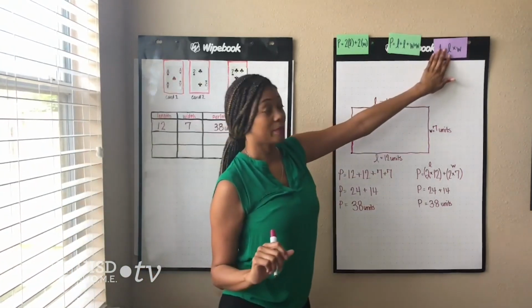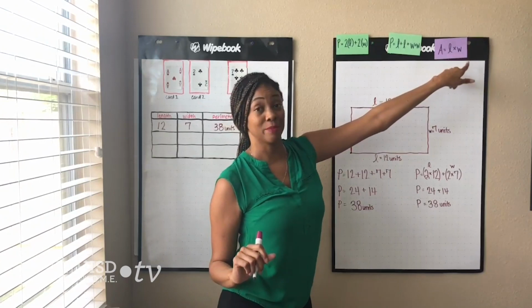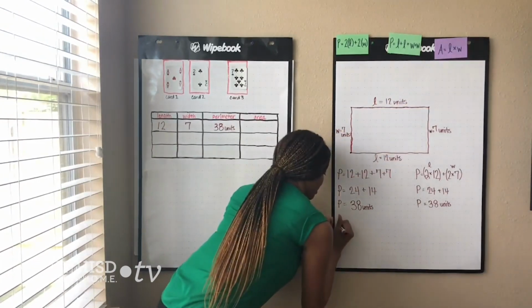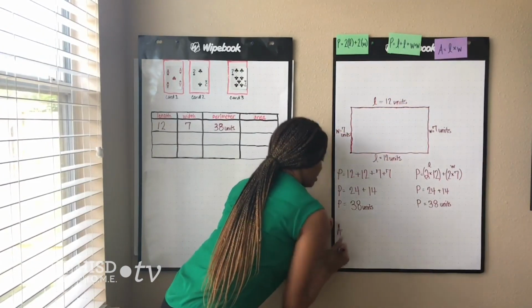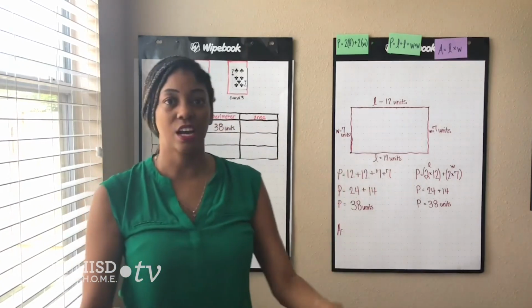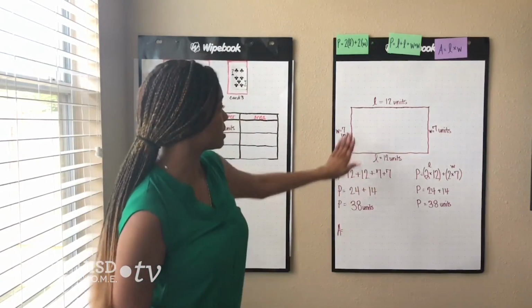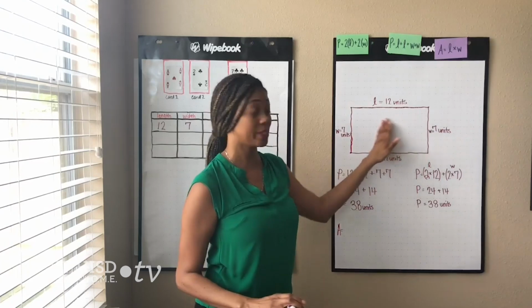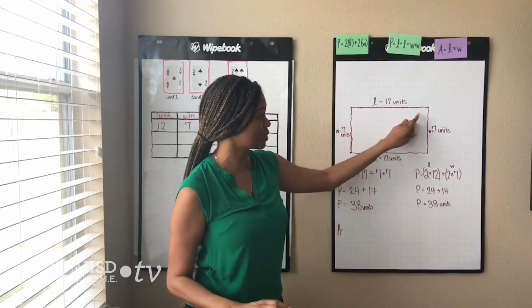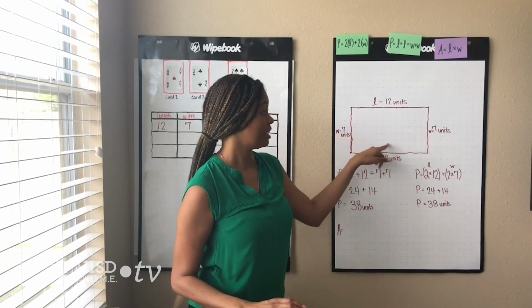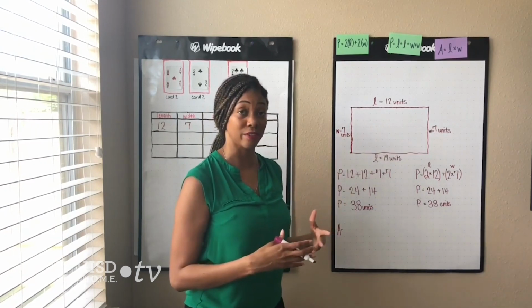Looking at the formula, my area is length times width. So now this is if I wanted to cover the rectangle. Remember, that's the area. Area means covering the region. How many of these little square units does it take to cover this entire rectangle?